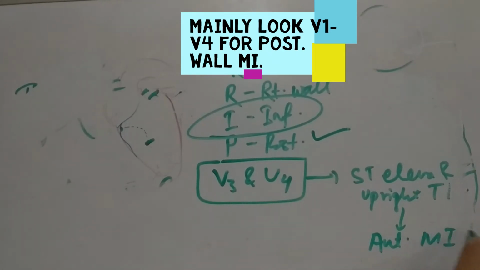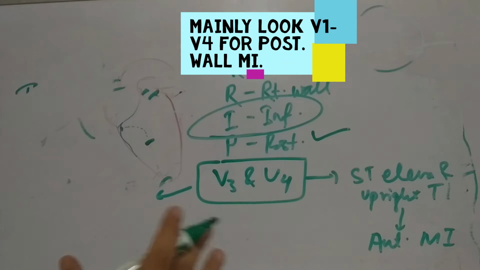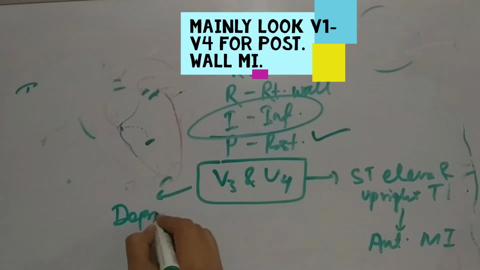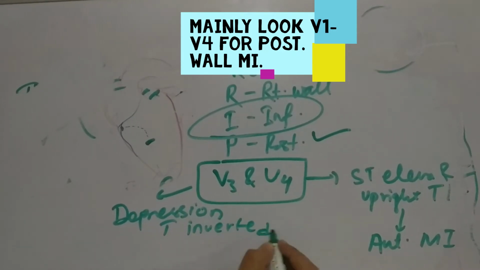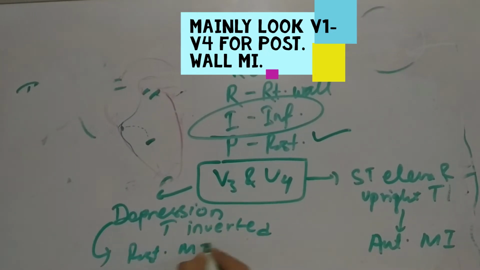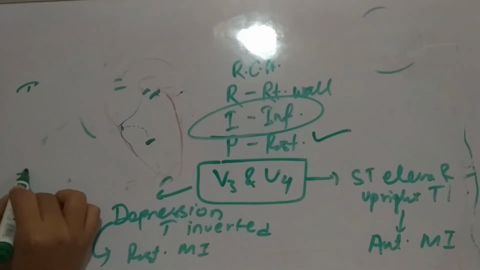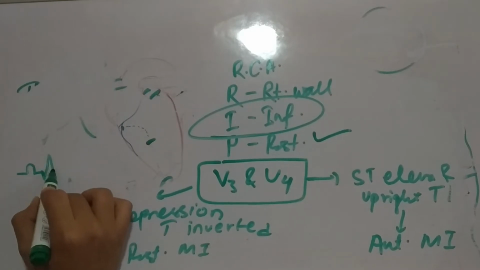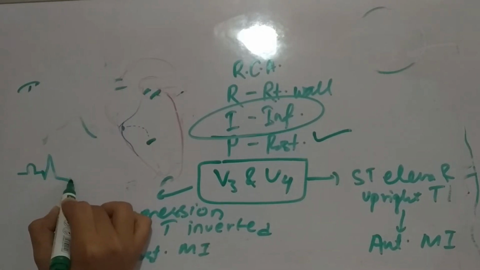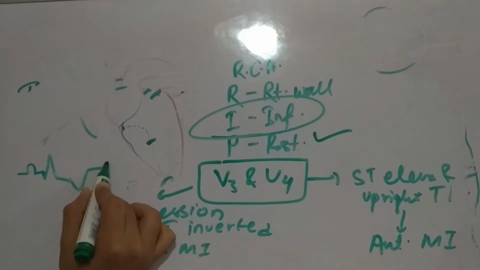However, if V3 and V4 are involved but there is depression of the ST segment and the T wave is inverted, then you must suspect a posterior wall MI. So what will the ECG finding be? This is the P wave, and here it will go like this, and here this is inverted. So you see here.